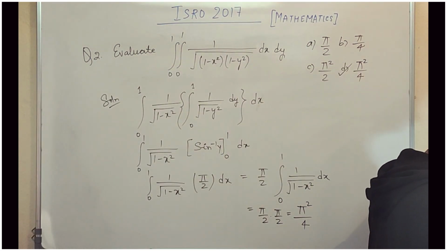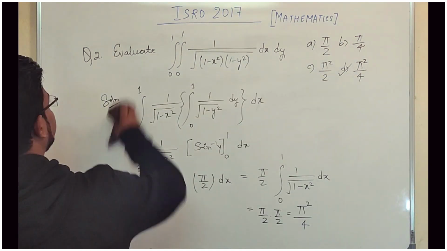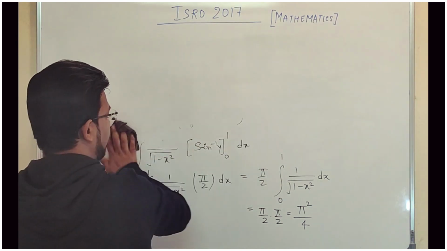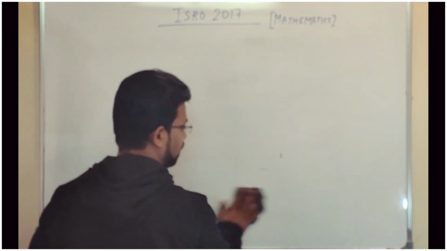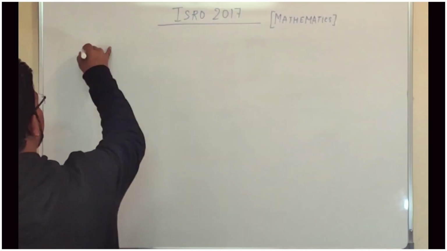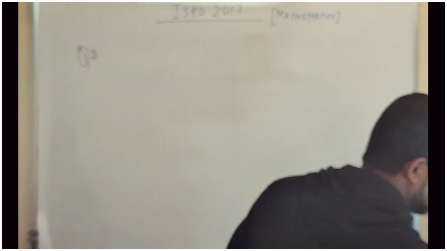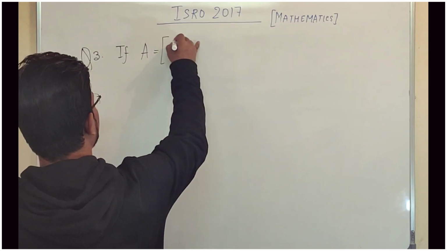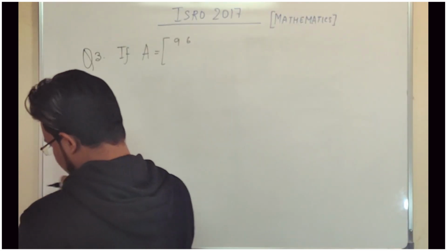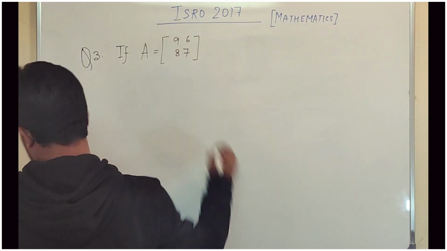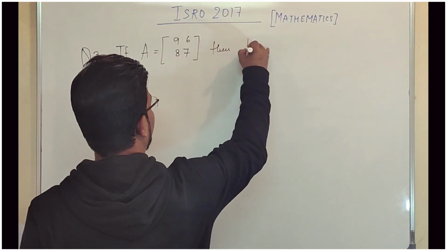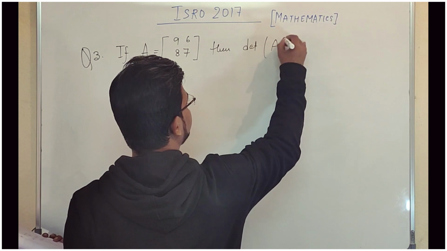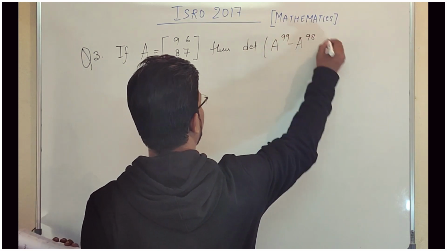Okay. Then we have question number 3. Question number 3 we have: if A equals the matrix 9 6 8 7, then they are asking, tell me what is the determinant of A to the power of 99 minus A to the power of 98.